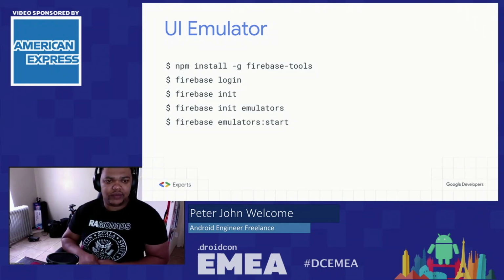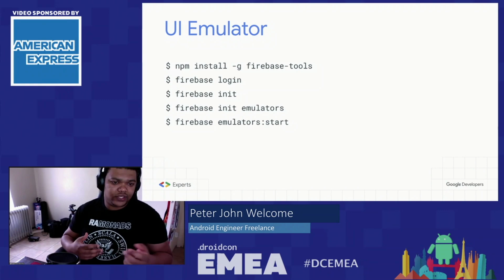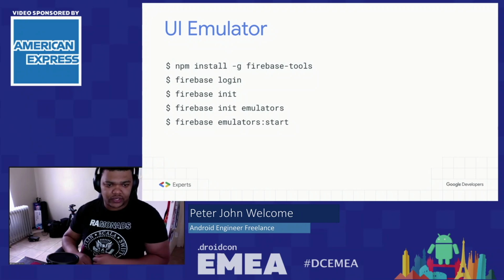What this will do is start up the emulators that you have chosen previously. When you do firebase init emulators, it will ask you which emulators you'd like. It will say, would you like a Firestore emulator? Would you like a Cloud Function emulator? Would you like a real-time database emulator? Would you like a hosting emulator? Any of those options, it will ask you there, and those are the ones that will actually start up once you do emulator start.